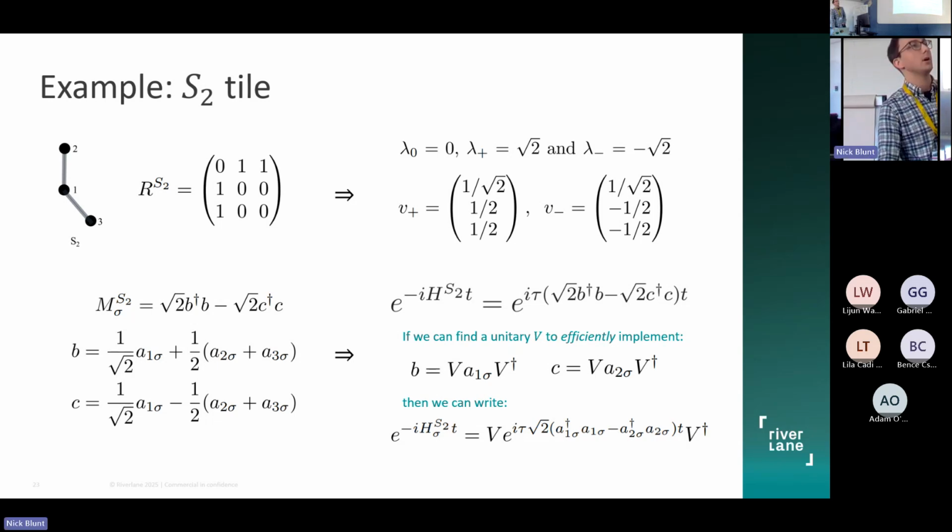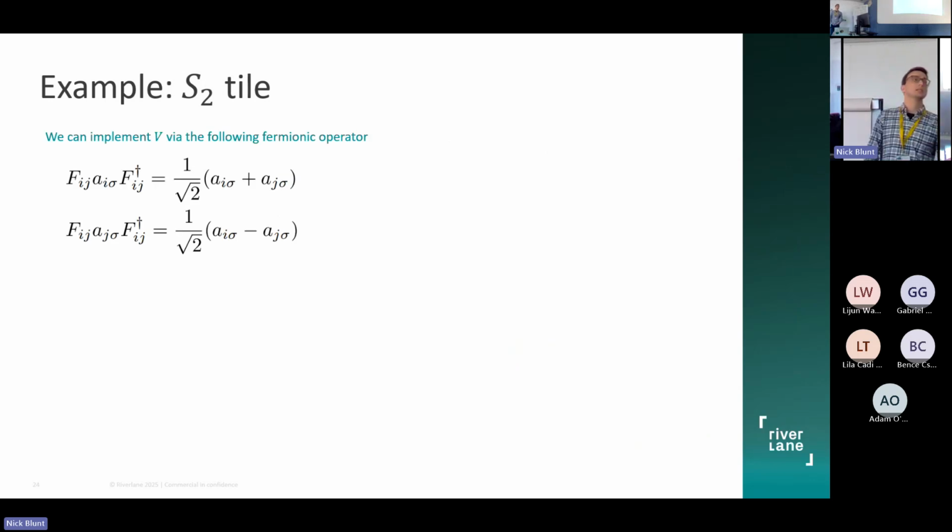Okay, so the key is that we have to work out how to implement this operator V. So this is perhaps the most tricky bit. This can be done by introducing some fermionic operator Fij. So the action of Fij on Ai turns it into Ai plus Aj, and acting on Aj turns it into Ai minus Aj. So this is actually a fast fermionic Fourier transform for just 2 qubits, it turns out.